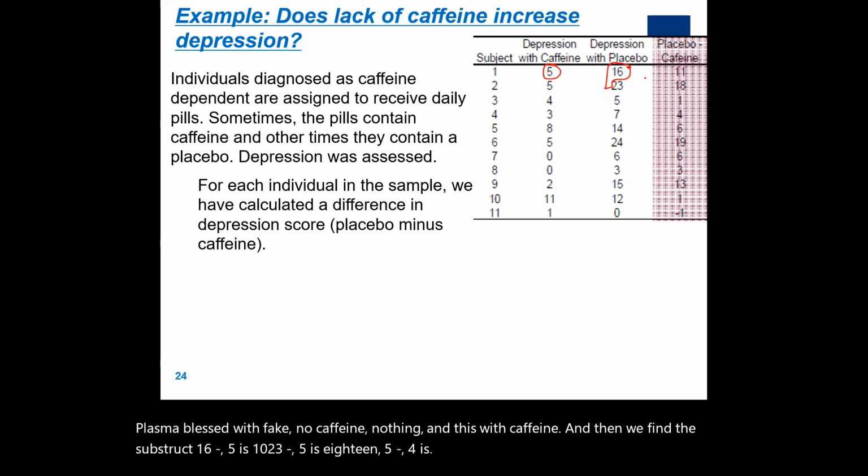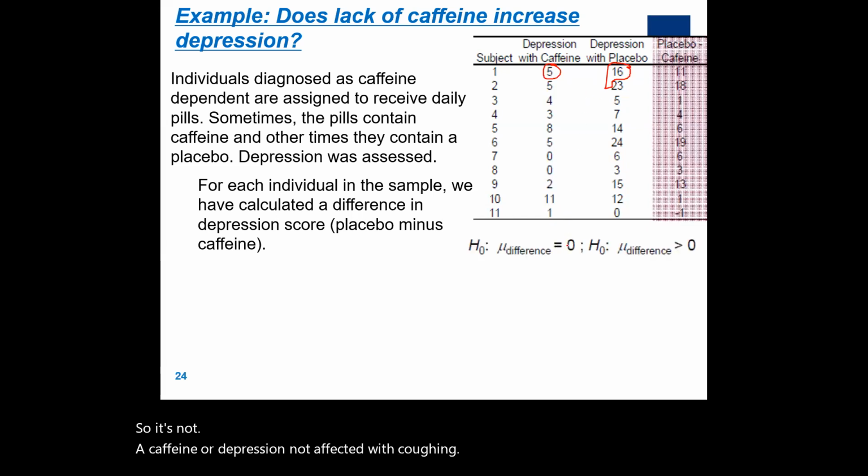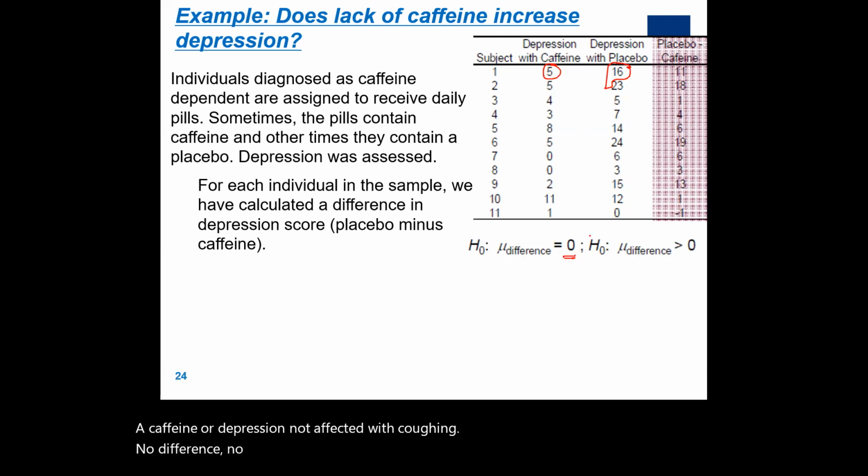So H naught is that depression is not affected by caffeine: no difference, the difference is 0. The alternative is that mu difference is greater than 0, meaning depression with placebo is greater than depression with caffeine.